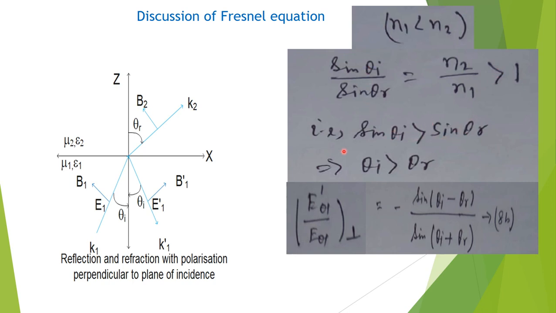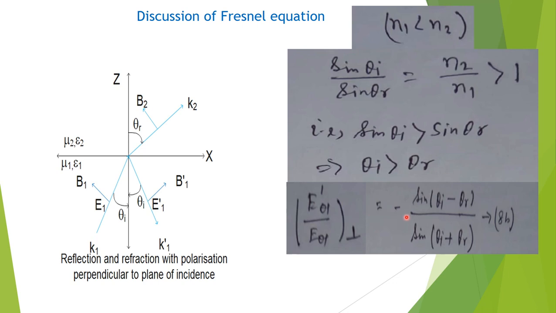In that condition, sin θi / sin θt = n2/n1 is greater than 1, that is sin θi is greater than sin θt, so θi is greater than θt, which means the refracted wave bends towards the normal.